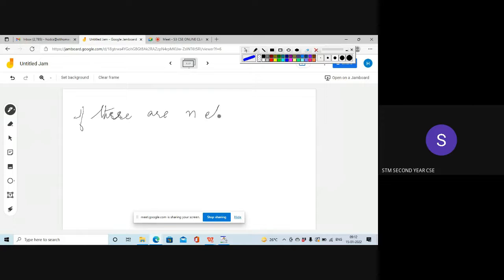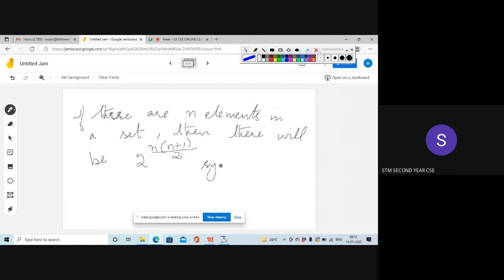If there are n elements in a set, then there will be 2 raised to n(n+1)/2 symmetric relations possible in that set.